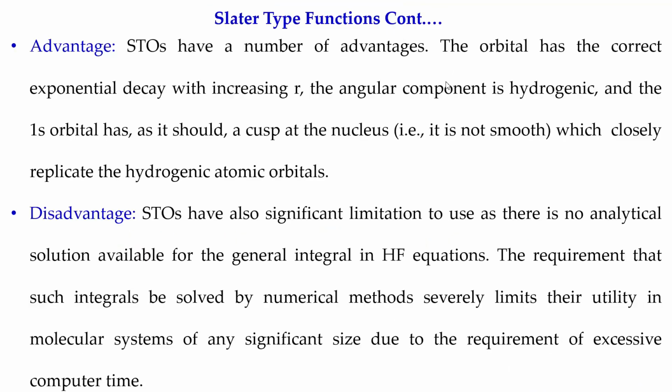So this is actually able to explain the phenomena of the orbitals, because if you remember the plot of the hydrogen atomic orbitals, it has the maximum value at the nucleus, but it suddenly decreases when we go beyond the nucleus. So it has a cusp at the nucleus, that is, it is not smooth; it immediately falls in value, or the electron density immediately falls, when we go far from the nucleus.